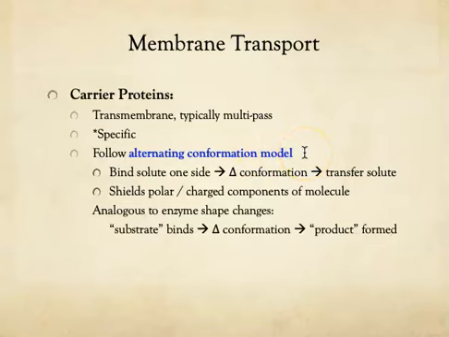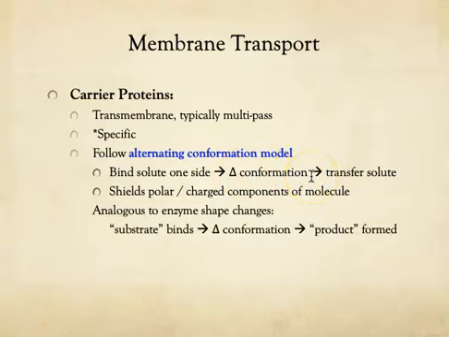So let's talk through what happens with a carrier protein. Carrier proteins will be situated in the membrane so that on one side of the protein there'll be a place for the solute to bind. When the solute interacts with the protein, when it binds on that one side, it's going to cause the protein to change shape or conformation.